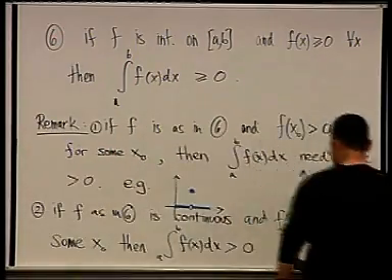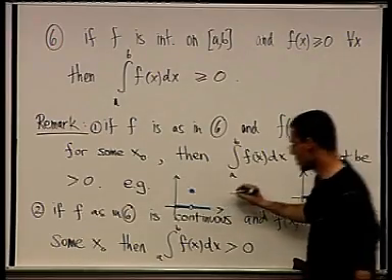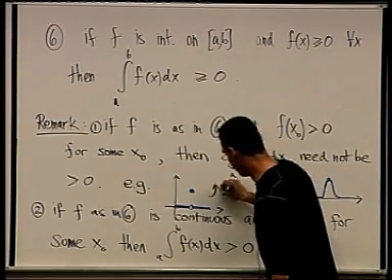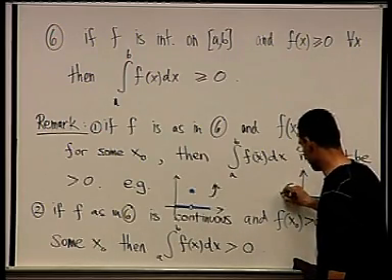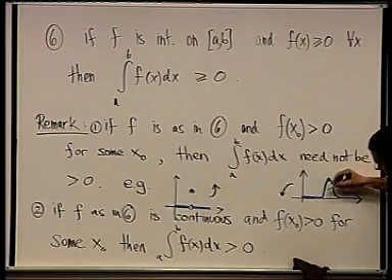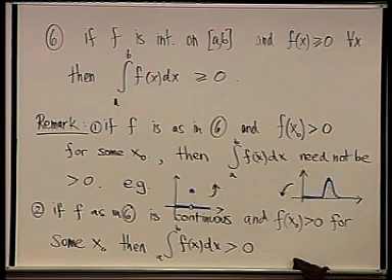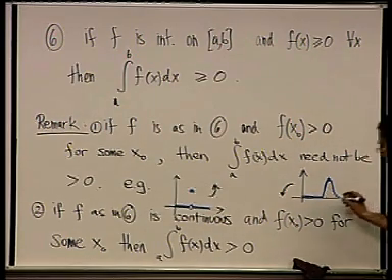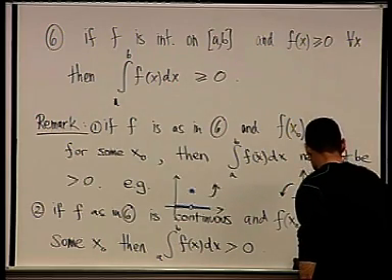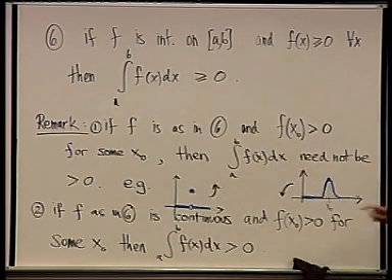But do you agree that this is the picture corresponding to remark 1, and this is the picture corresponding to remark 2, and there's going to be an honest area lying under the graph here if we force it to be continuous? Do you agree? Okay? So if we have a function that's non-negative, but strictly positive at some point, and it's continuous, the integral is going to be strictly positive.